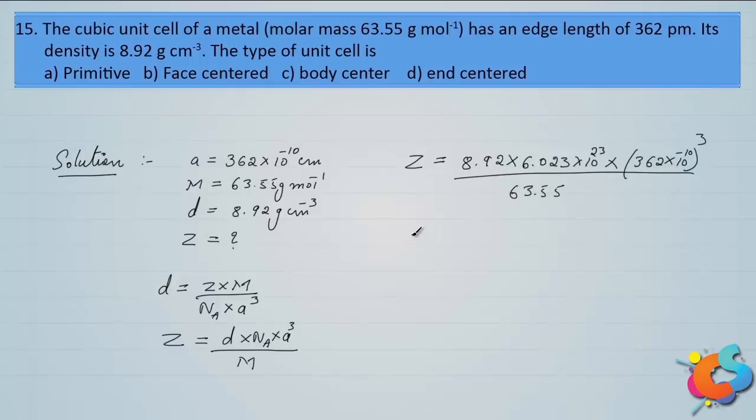By simplifying, we get the answer as 4. Therefore, the metal crystallizes in FCC unit cell. And the right option is option B.